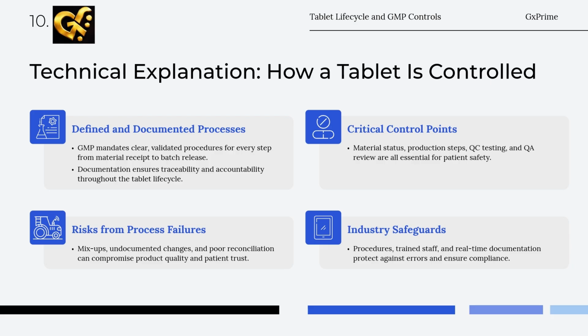Industry safeguards such as SOPs, trained personnel, reconciliation, and real-time documentation help prevent errors and ensure consistency. Without these controls, risks such as mix-ups, contamination, undocumented changes, or reconciliation failures can compromise product quality and patient trust.